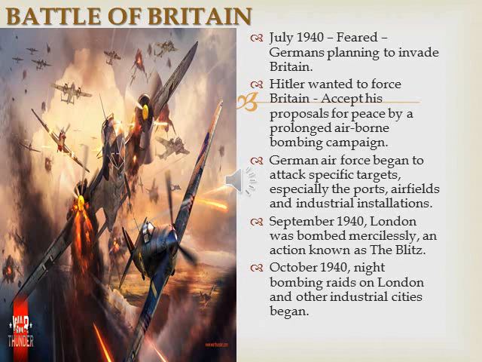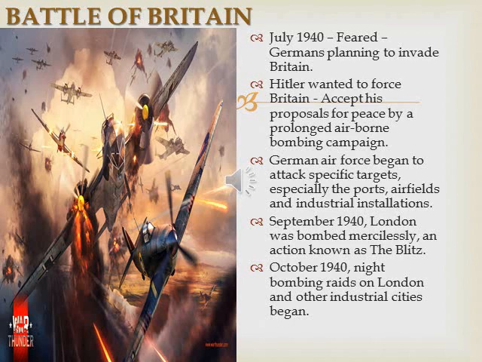So, the Battle of Britain. In July 1940, it was feared that the Germans were planning to invade Britain. Hitler wanted to force Britain to accept his proposals for peace. That means if Britain accepted his ideas, he would come for peace. How did he threaten Britain? By a prolonged airborne bombing campaign.